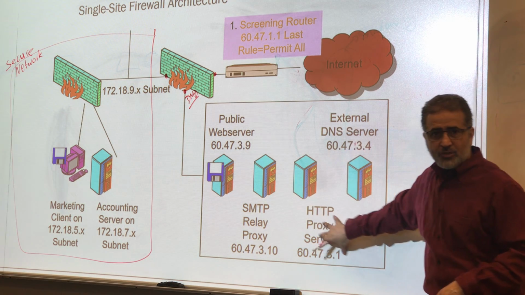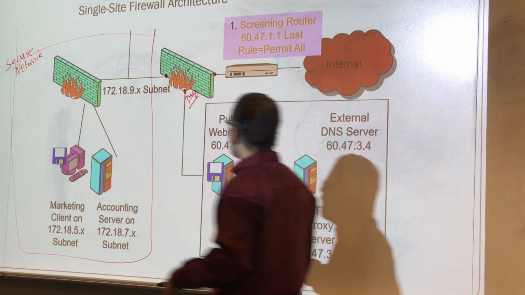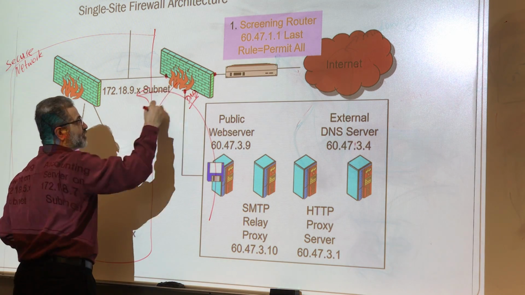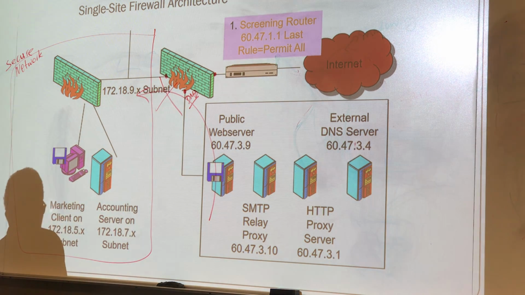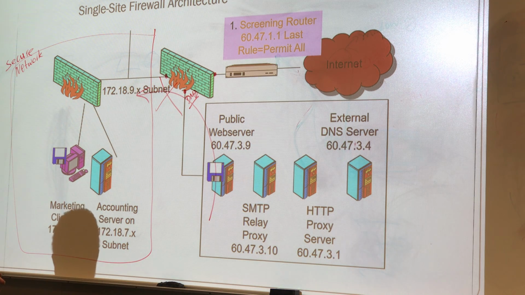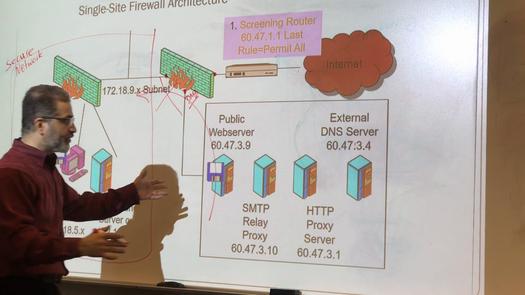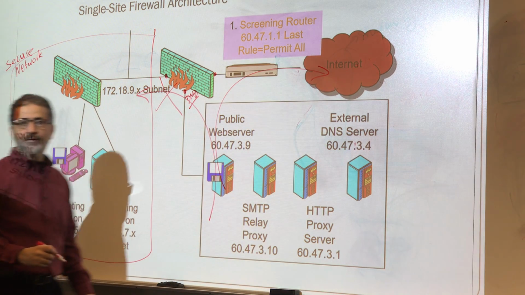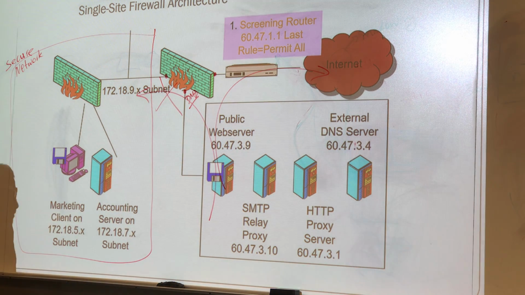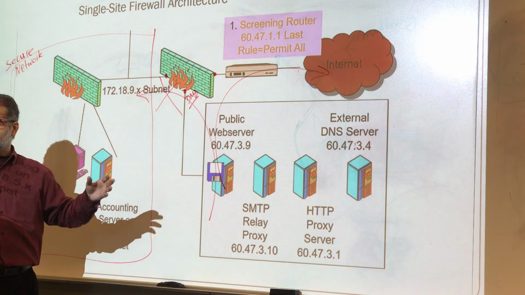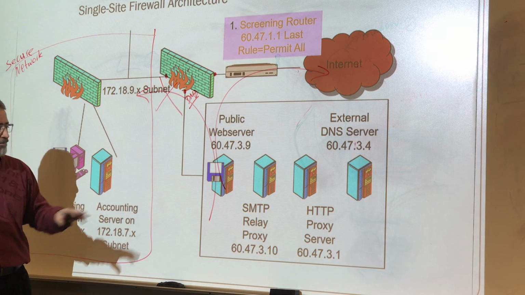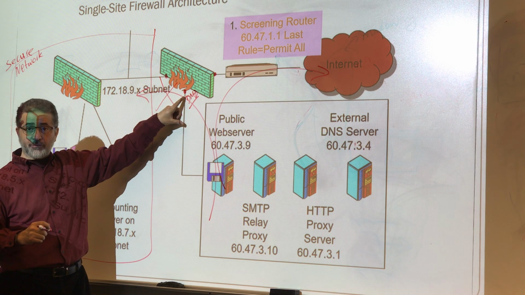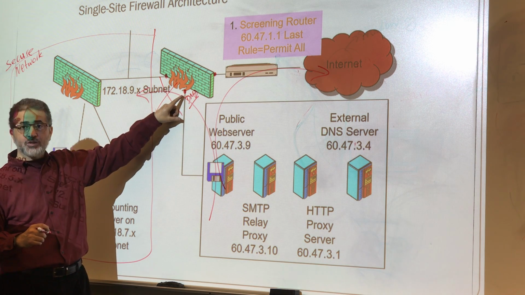Whatever you put in the DMZ zone can never ever initiate traffic this way. Traffic this way will be disallowed. Never. They can never initiate traffic. However, they can initiate traffic this way, that's fine. By default, putting this one here and putting DMZ means you must configure the DMZ, otherwise this DMZ is useless.